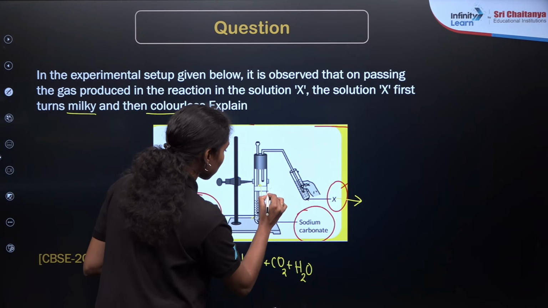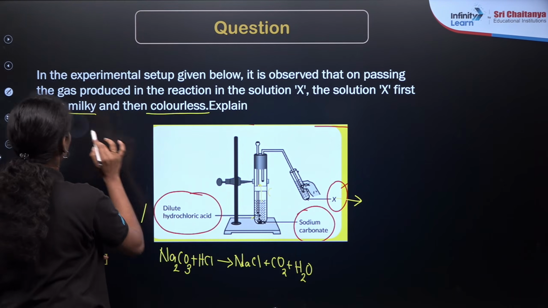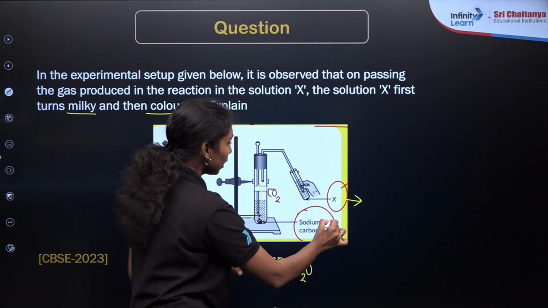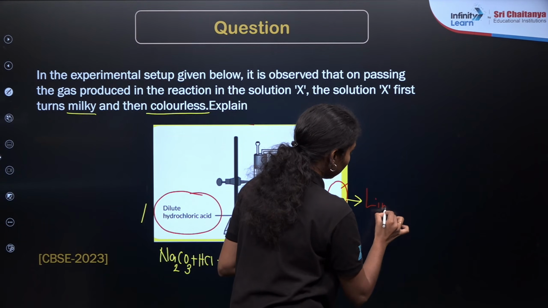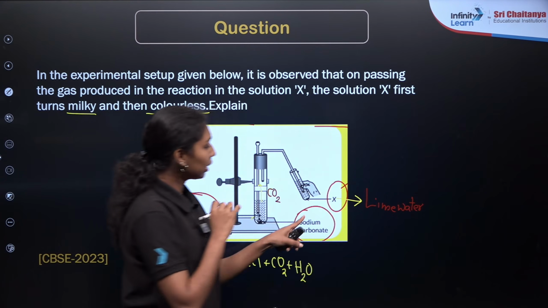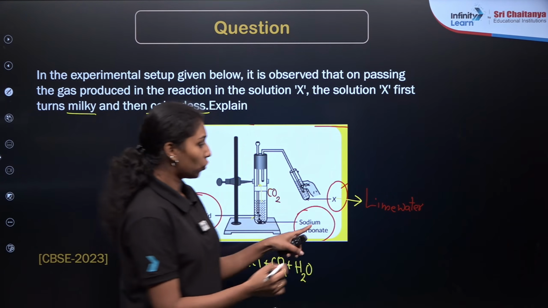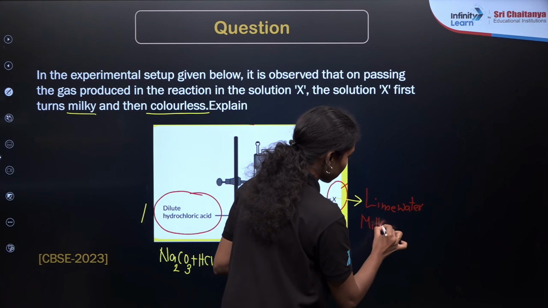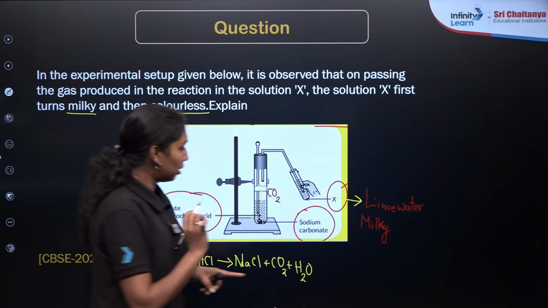So carbon dioxide gas is formed here. I am taking X as lime water, or calcium hydroxide. So what is happening here? The carbon dioxide reacts with the calcium hydroxide to form the milky appearance. Then after that it becomes colorless because all the carbon dioxide reacts with the lime water. Is that clear?